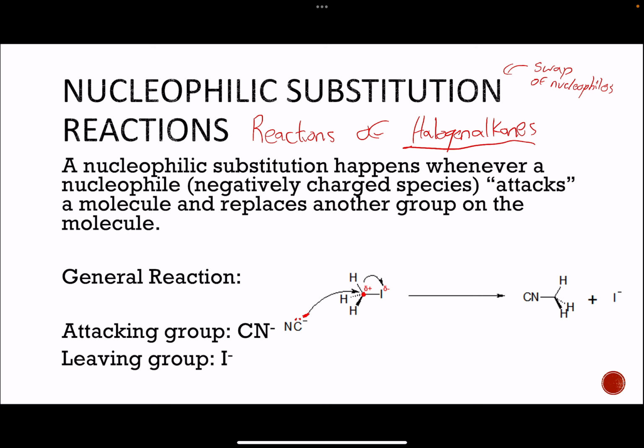Beforehand, though, let's go ahead and draw out the Lewis structure for CN-. If you draw out the Lewis structure correctly, this is what you get. It's almost exactly the same as the Lewis structure for carbon monoxide. I'm going to show that from scratch. You would have carbon, you would have nitrogen.